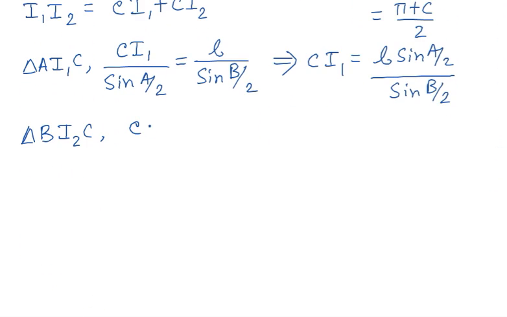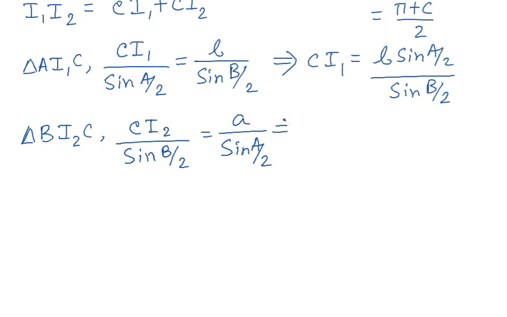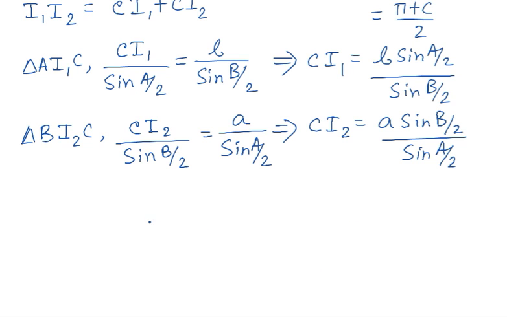So CI2 by sine B by 2 is equal to small a by sine A by 2. So this implies CI2 is nothing but a into sine B by 2 divided by sine A by 2. So you have got CI1 and CI2.